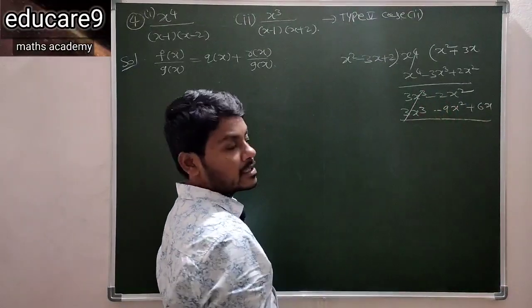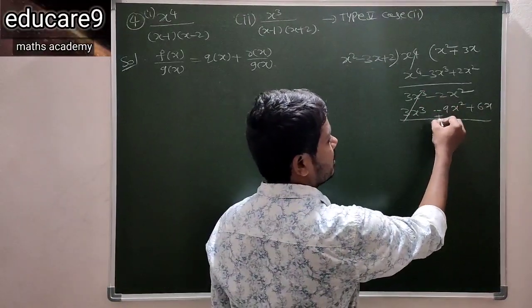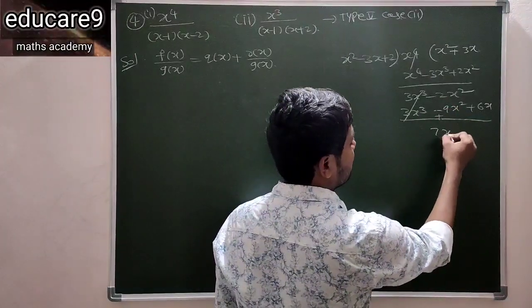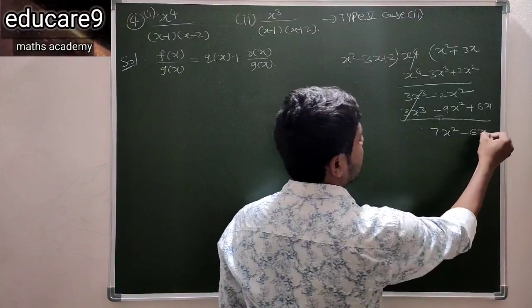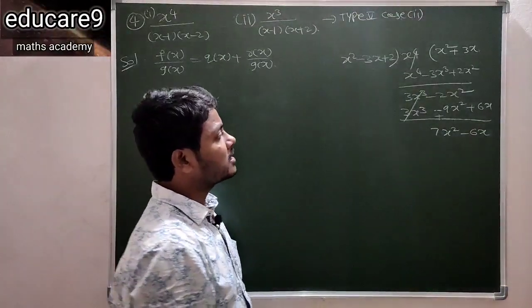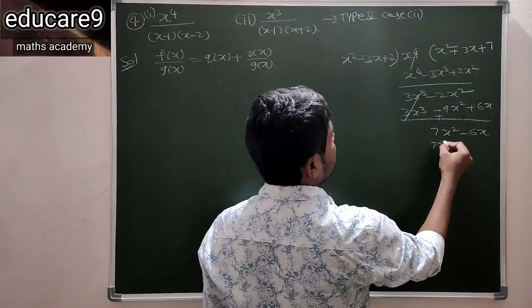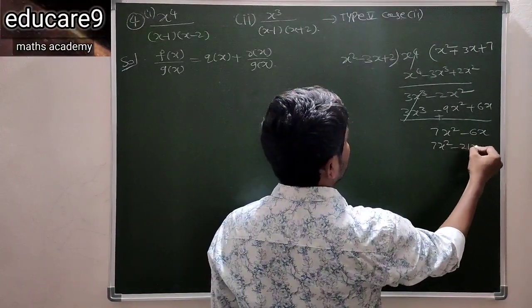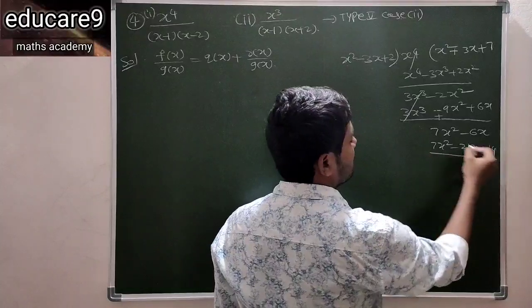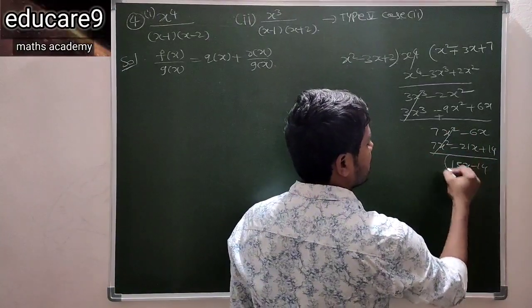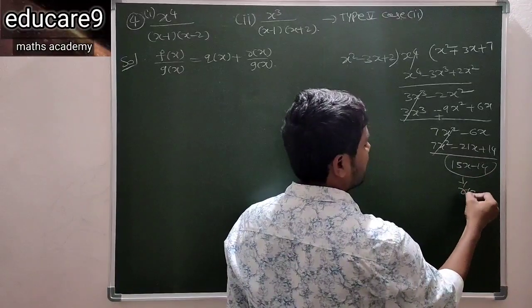So this one gets cancelled. Minus 9. See here minus 2 plus 9, that is 7x square minus 6x. Next plus 7. So 7x square minus 21x plus 14. So this is 15x minus 14. So clear this is the remainder.